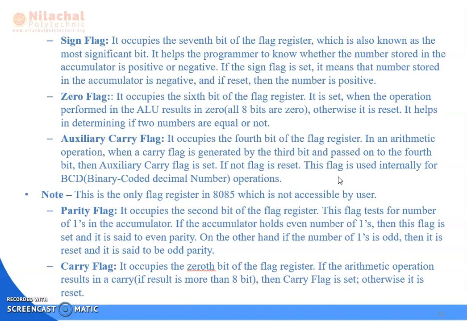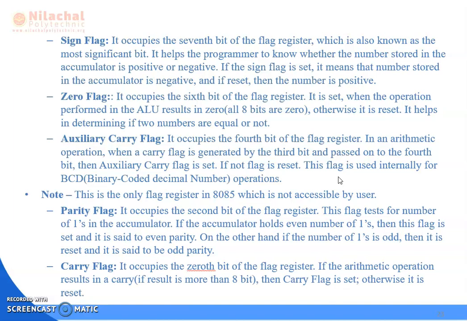Then next comes the parity flag. It occupies the 2nd bit of the flag register. This flag tests the number of 1s in the accumulator. If the accumulator holds an even number of 1s, then this flag is set, and it is said to be even parity.